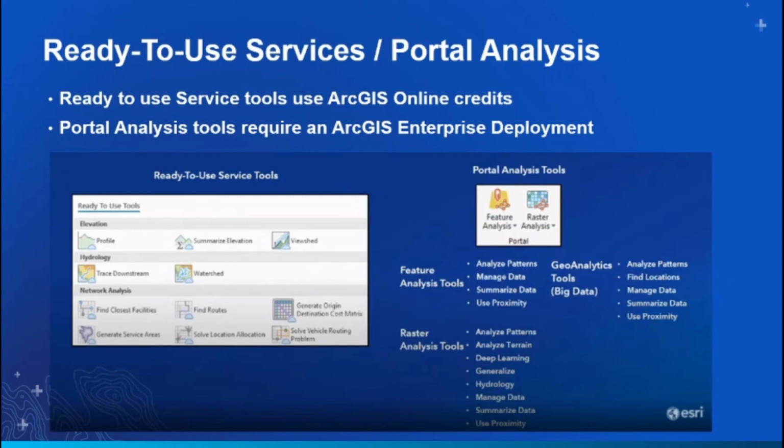Under portal analysis tools, we have feature analysis and raster analysis. With raster analysis, you might note that you need an image server extension in the background, as well as an image server role. Actually, the image server extension is now the image server role, so you need an image server role in the backend. And for working with large amounts of data, you'll need a GeoAnalytics server role at the back end so that you're able to analyze patterns, find locations, manage your data, and use proximity.